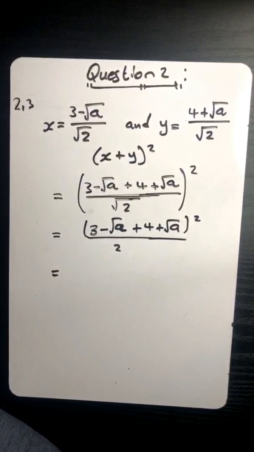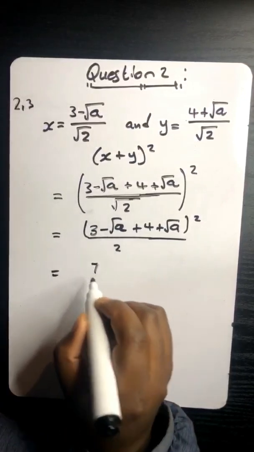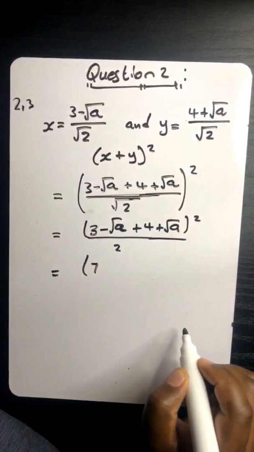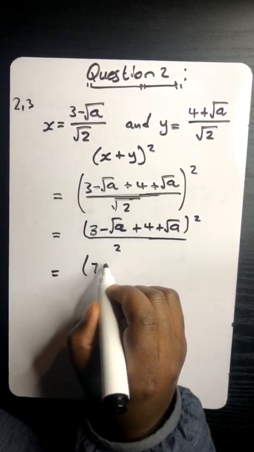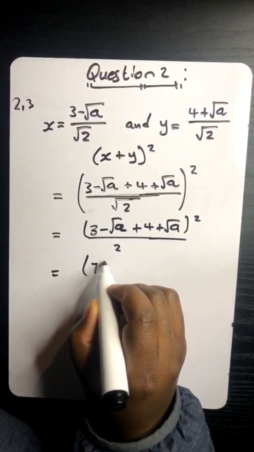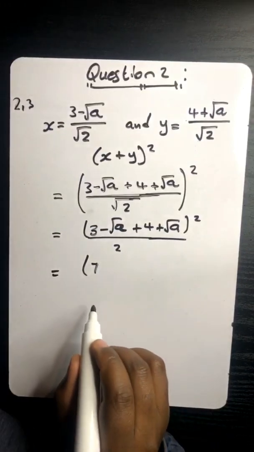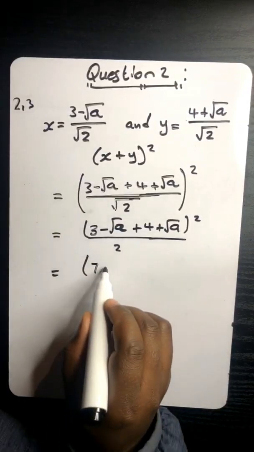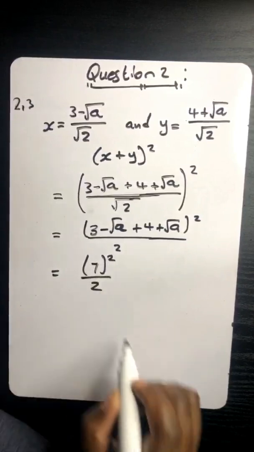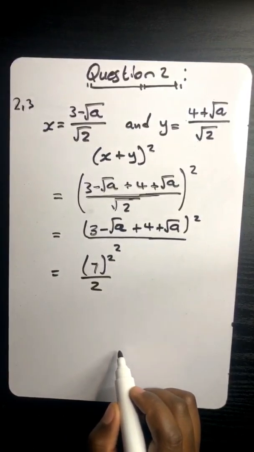You add the 3 and 4 together, and then it's negative square root of a plus positive square root of a. Don't they cancel out to give you 0? So it's just 7 because it's cancelled out to 0, but you can add that step. So it's going to be 7 squared over 2, which is going to be 49 over 2.